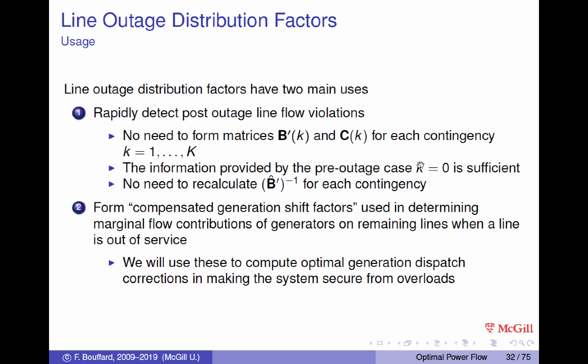So there's no need to recalculate either B prime or its inverse for each contingency. And later on, we're going to be using the line outage distribution factors also to form compensated generation shift factors, which will be used in determining how we're going to be correcting dispatches when lines are out of service.